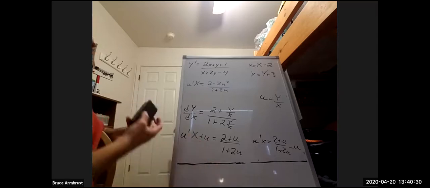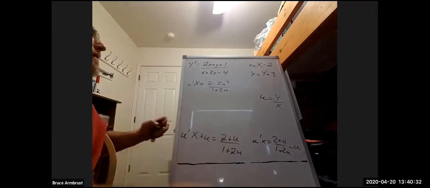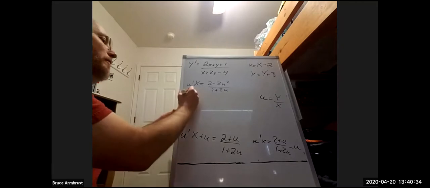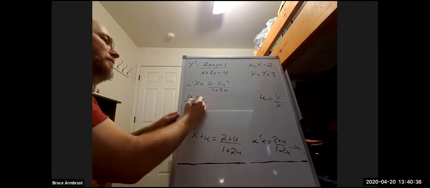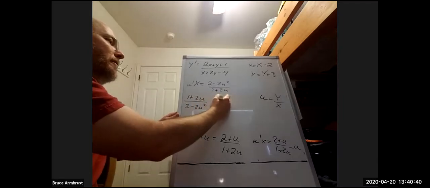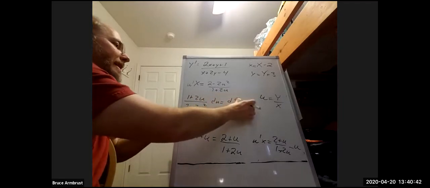Which then, when we separate, gets 1 plus 2u over 2 minus 2u squared du is equal to dx over x.